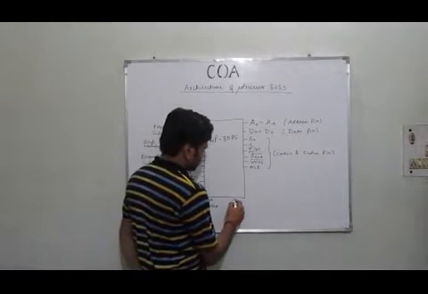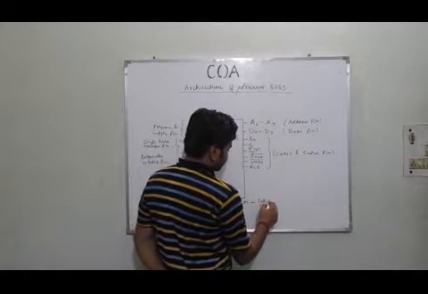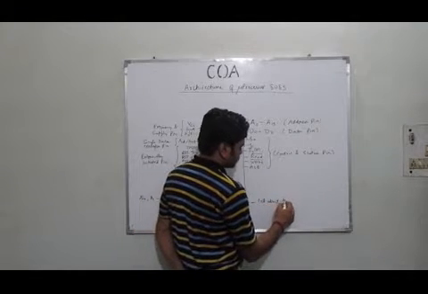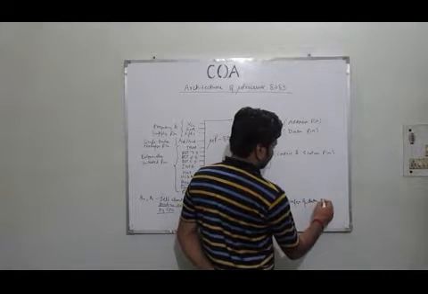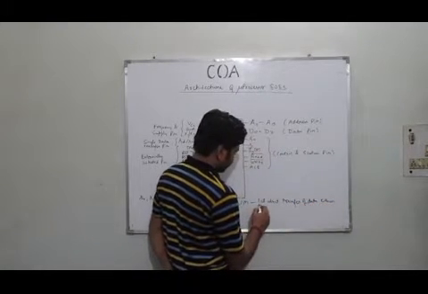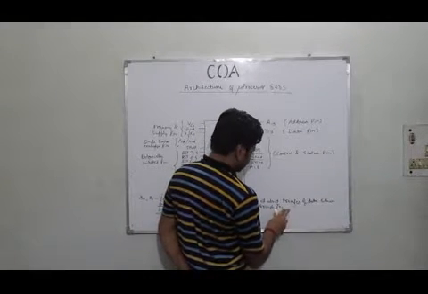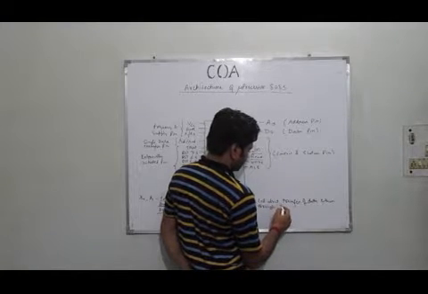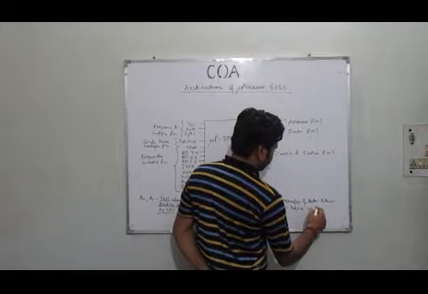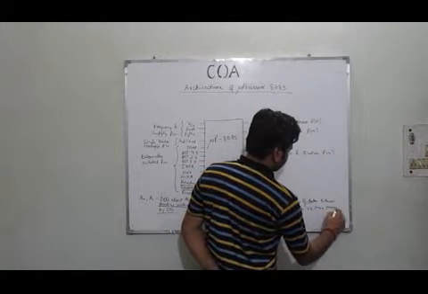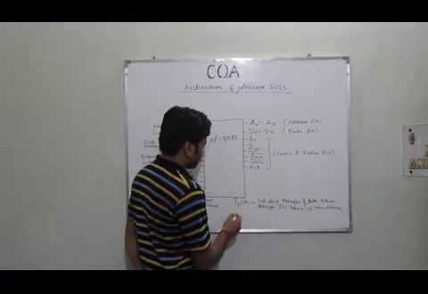Let us now move on to IO/M. It tells about the transfer of data either through the input output IO device or the main memory.